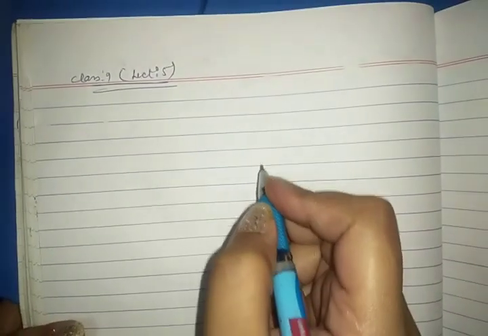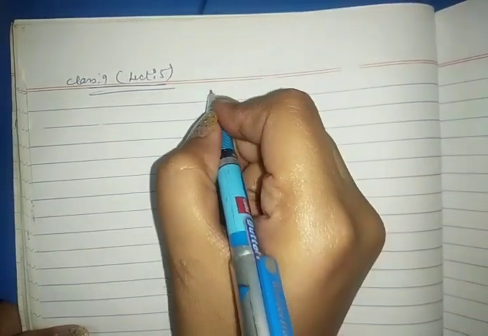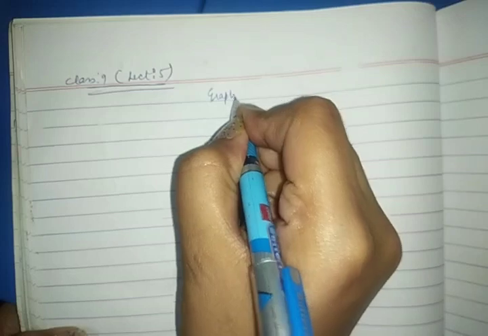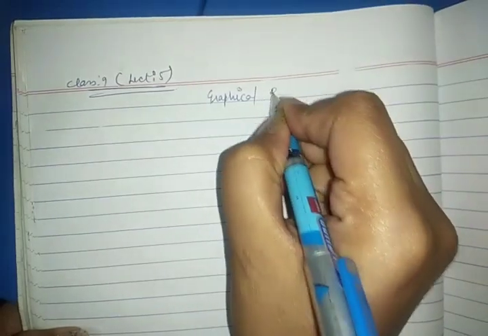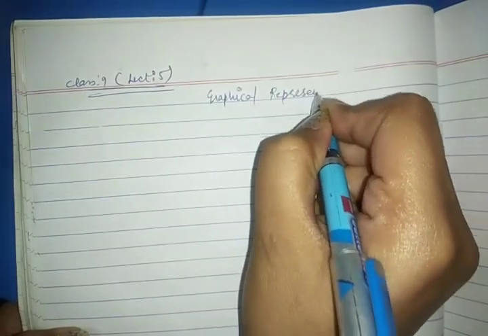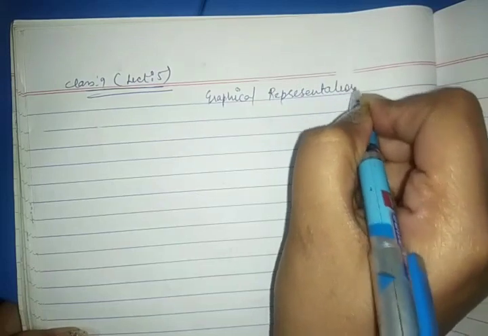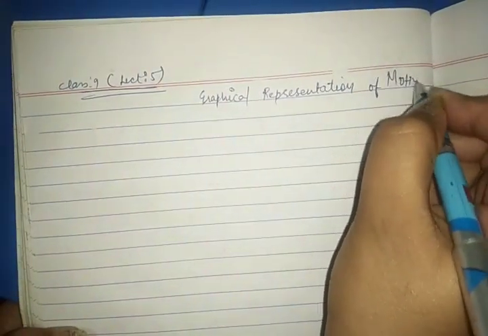Lecture number 5. We were discussing graphical representation of motion.